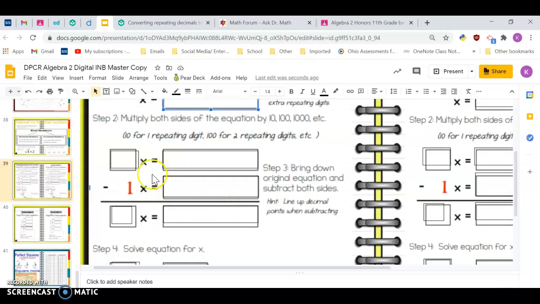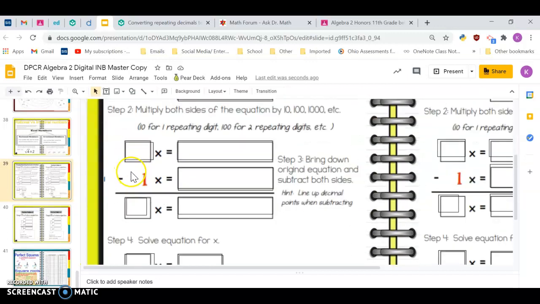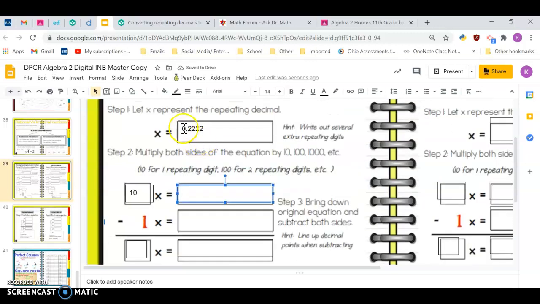Let's do that. I'm multiplying both sides by the same number: I'm multiplying x by 10, and on the other side, I'm multiplying 0.2 repeating by 10. What that's going to do is turn 0.2 repeating into 2.222 and so on, because we know that this 2 is still repeating.